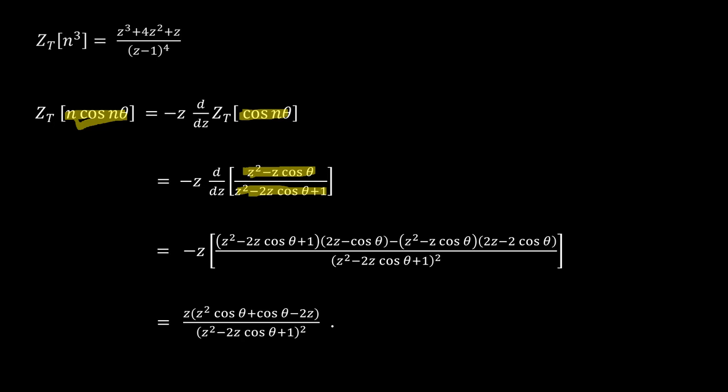On simplification, you'll get z transform of n cos n theta as z into z square cos theta plus cos theta minus 2z divided by z square minus 2z cos theta plus 1 whole square.